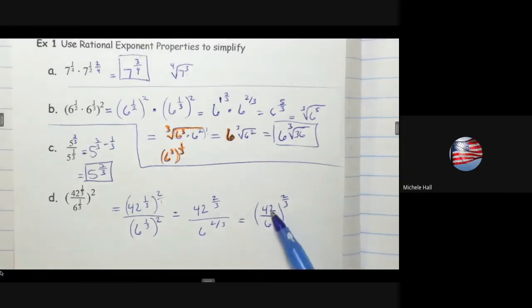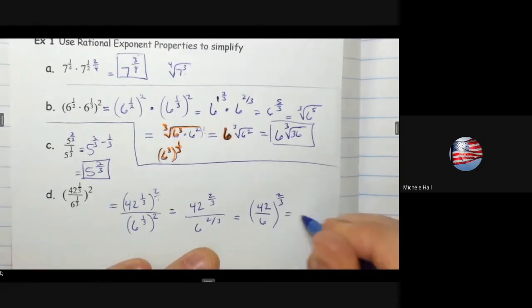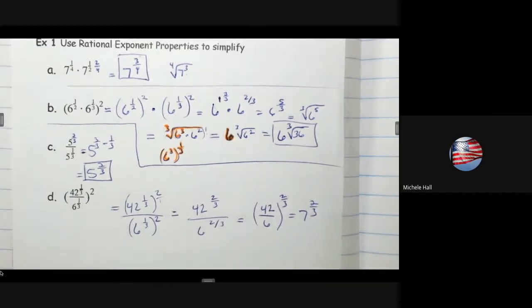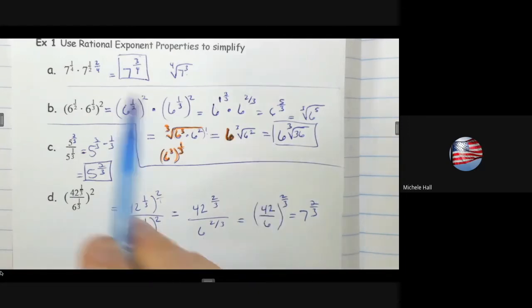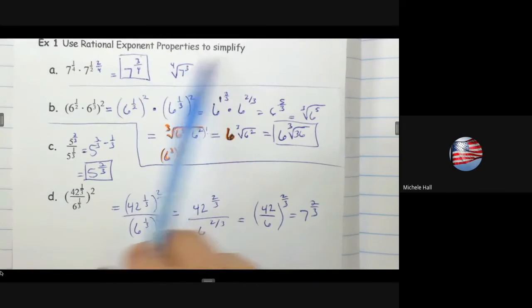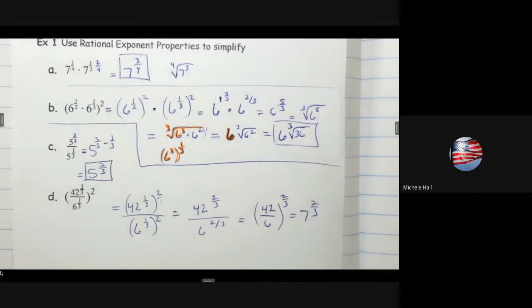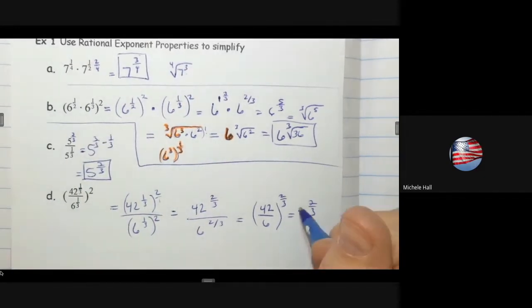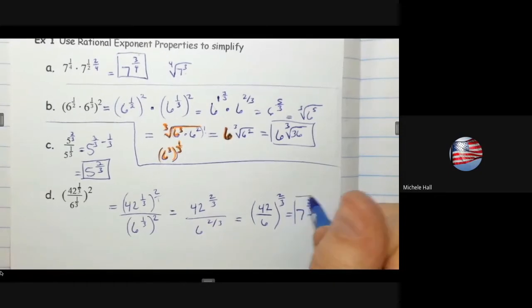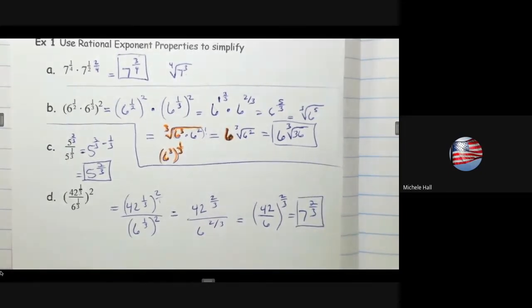But this allows me to reduce 42 divided by 6. And we get 7 to the 2/3. This is a proper fraction. I am fully reduced. Use rational exponent properties to simplify. So they're not telling me which form to put it in. If they want it in radicand form, then I would change it. But 7 and 2/3 is fine.